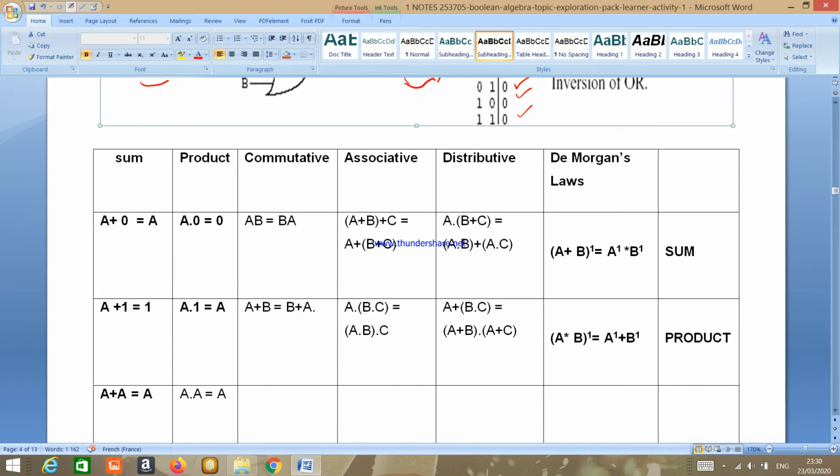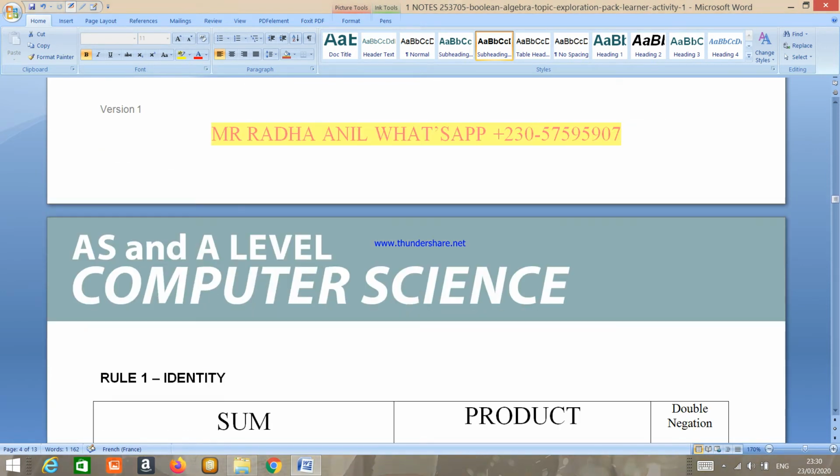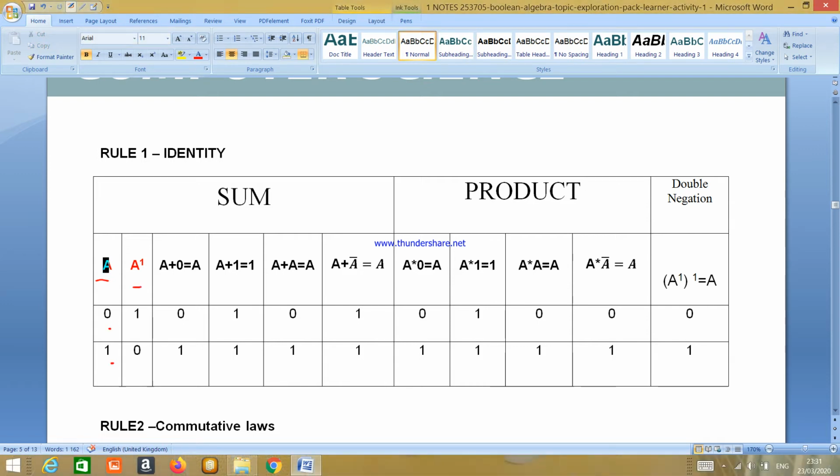Now I have to show you something. Let's assume A is 0 and 1. A dash becomes 1 and 0. Now A plus 0: 0 plus 0 is 0, 0 plus 1 is 1.